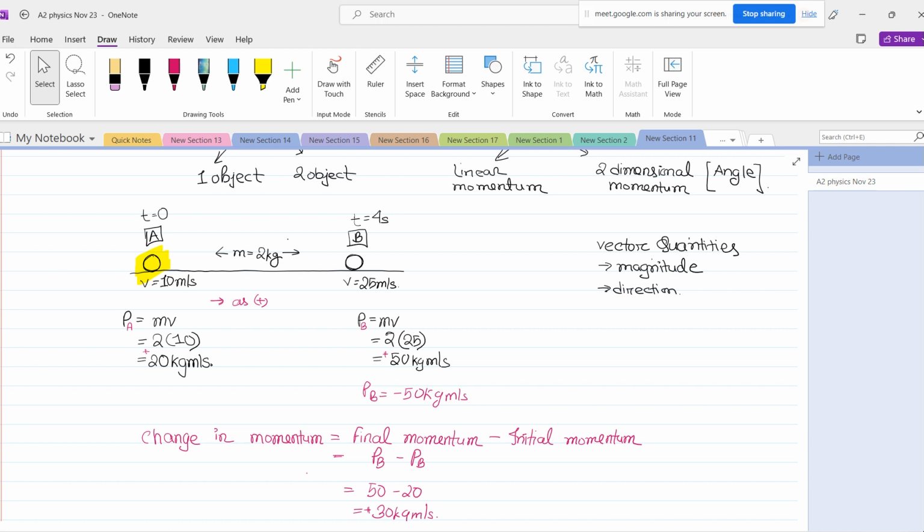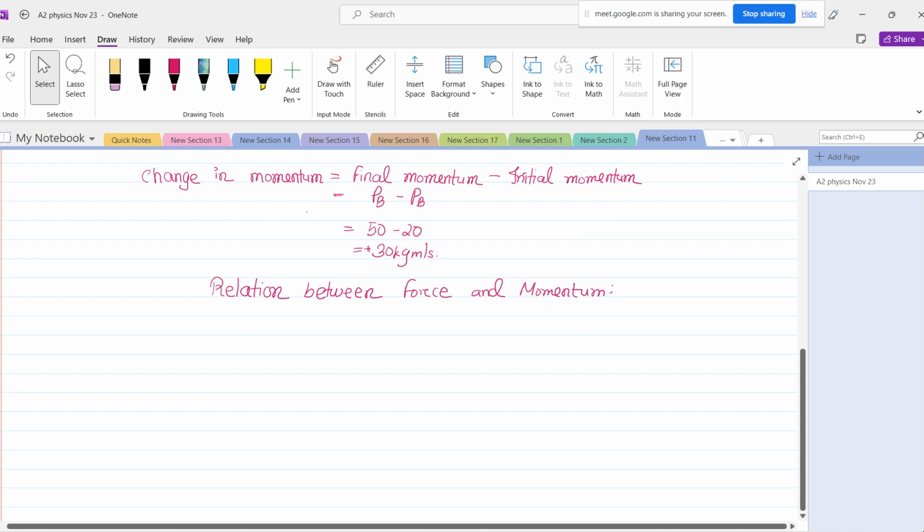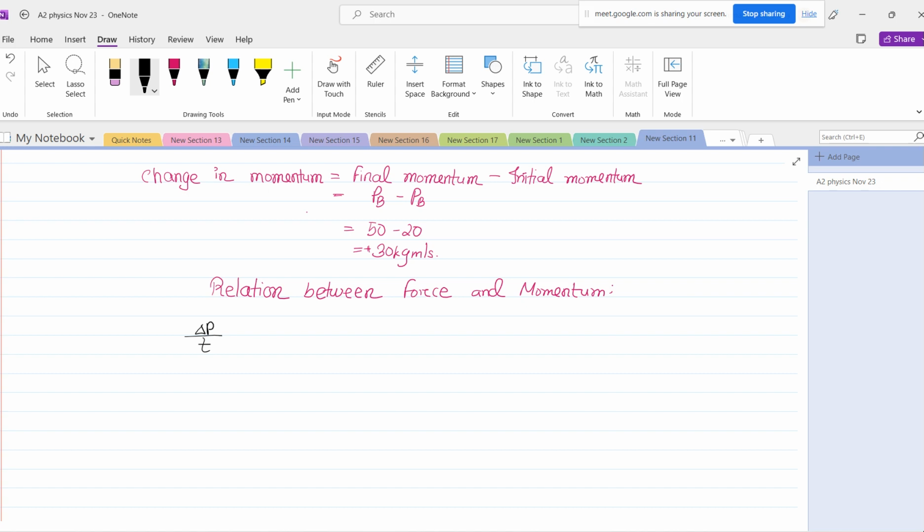When you calculate how momentum changes with time, you get the rate of change of momentum. So you can write it down as delta P over t, the rate of change of momentum.